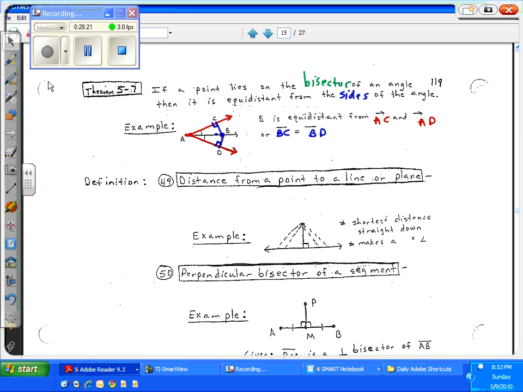So if a point lies on the bisector of an angle, then it's equidistant from the sides of the angle, the distance being the length of the perpendicular segment from the point to the line, as we define the distance from a point to a line. Any questions on that?